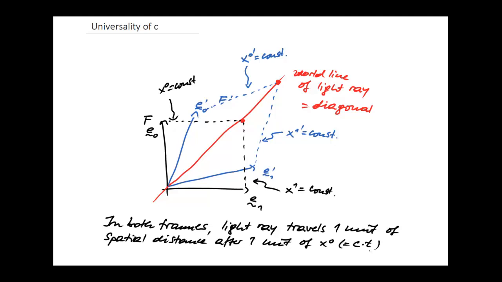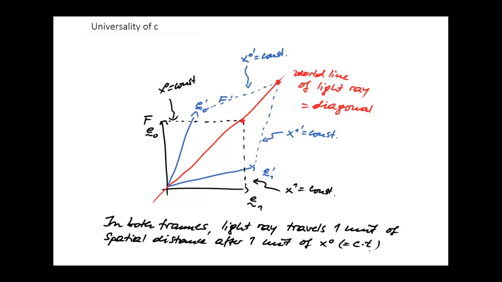In both frames we measure that the light ray travels 1 unit of spatial distance after 1 unit of x naught, which up to the factor c measures time. Okay, so this is how you see the universality of c directly in these diagrams.